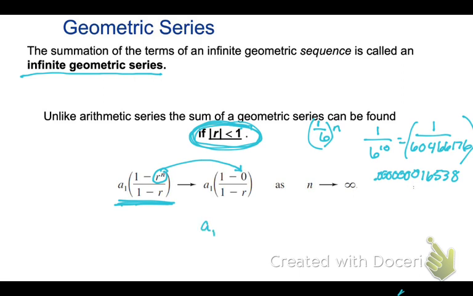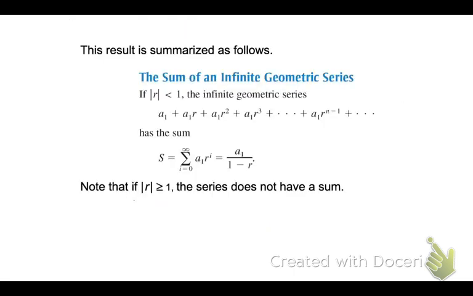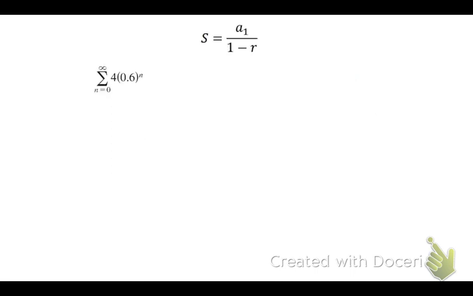So my formula just becomes 1 over. So is it always going to be 0? Yeah, only if the absolute value of r is less than 1. And here's your formula right here.